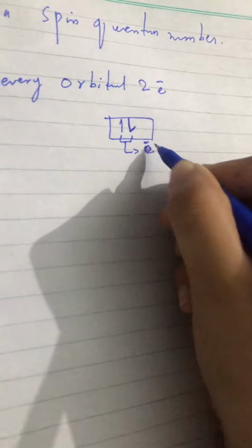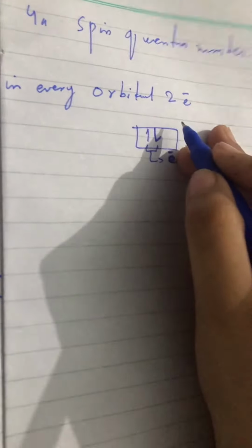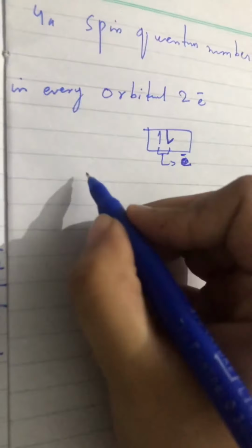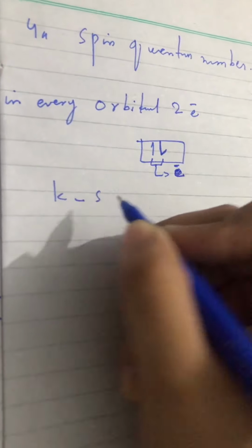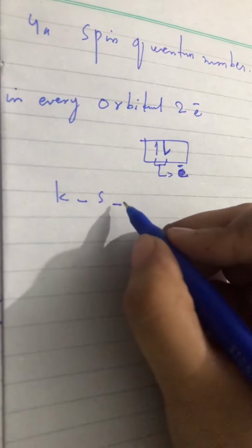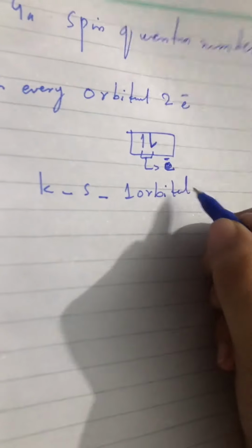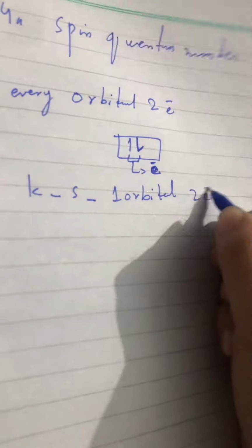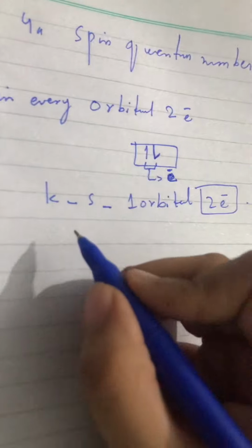Like this is the orbital, and these are 2 electrons. Remember this, in every orbital we have 2 electrons. Like in K shell we are having 1 subshell, that is S, and in S we are also having 1 orbital, as we found before. So in 1 orbital we have only 2 electrons. So you can also see in K shell we have only 2 electrons.